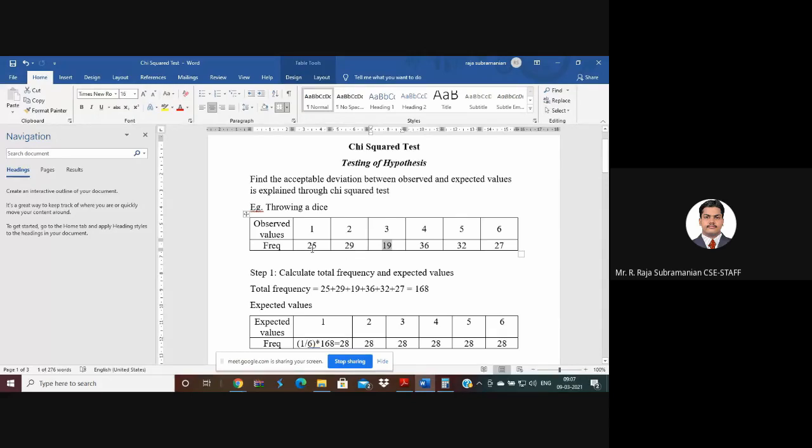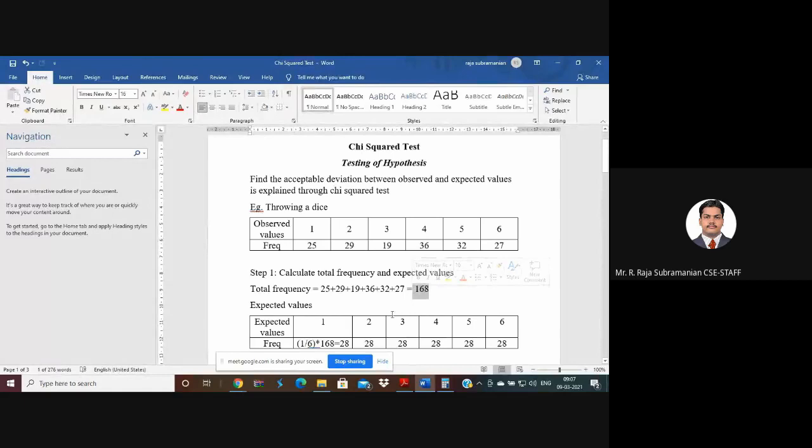But here the numbers are not uniform. Anyway, we need to check whether the deviation is in the acceptable range or in the rejection range, that we have to see. Now, what I have to do is take the cumulative frequency, that is the total frequency, adding all these frequencies together, and I get 168.